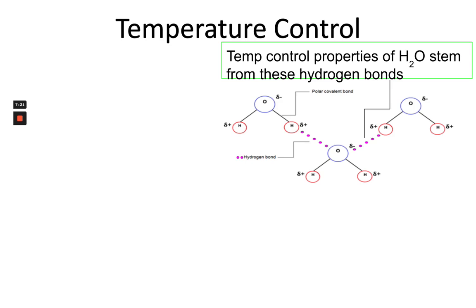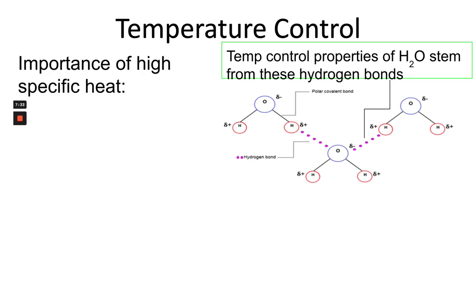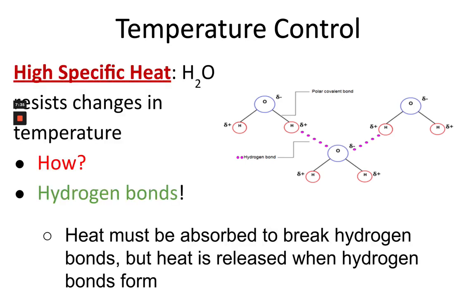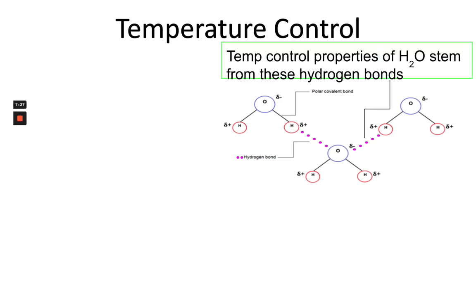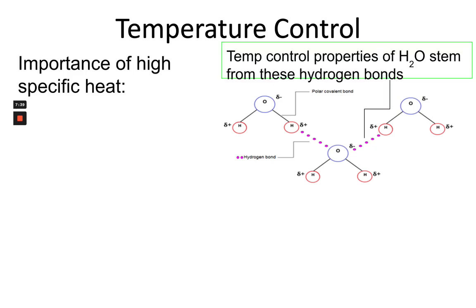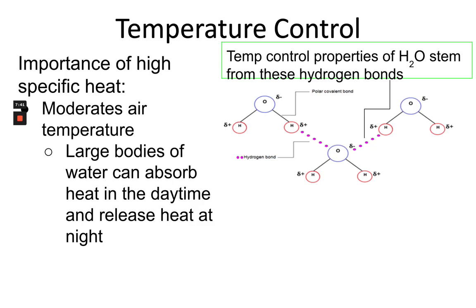And so what actually happens then is we end up with this ability of water to moderate air temperature. In order to do this, large bodies of water absorb heat all day long, and then they release heat at night.